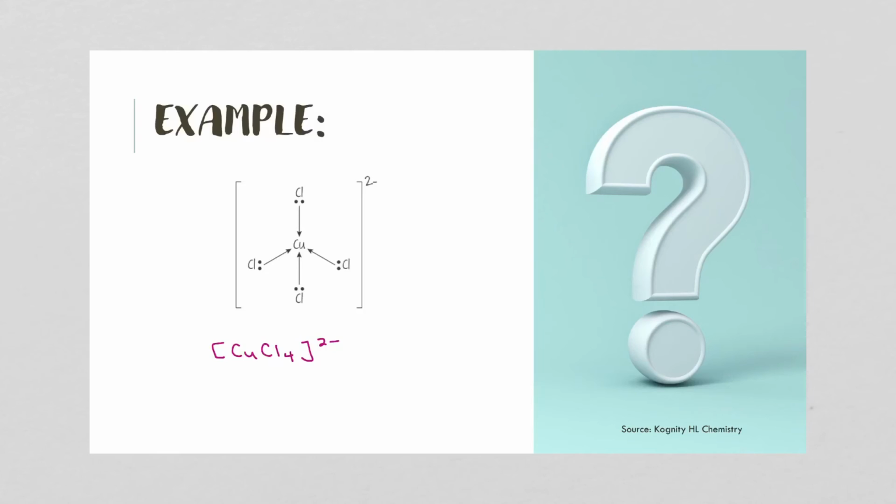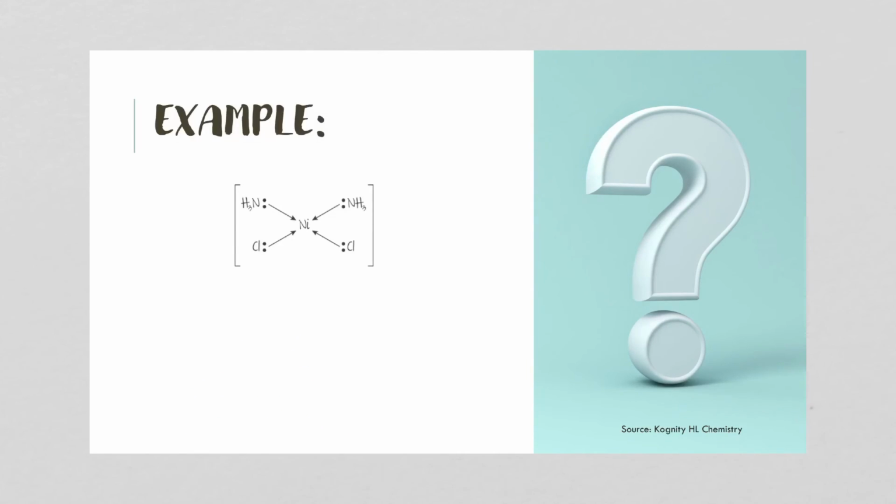The shape is tetrahedral, and our coordination number is 4, because there are 4 pairs of electrons involved.